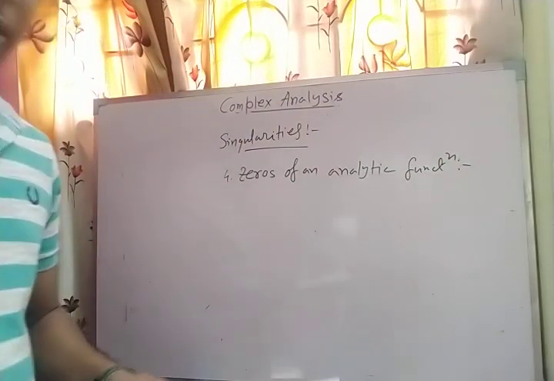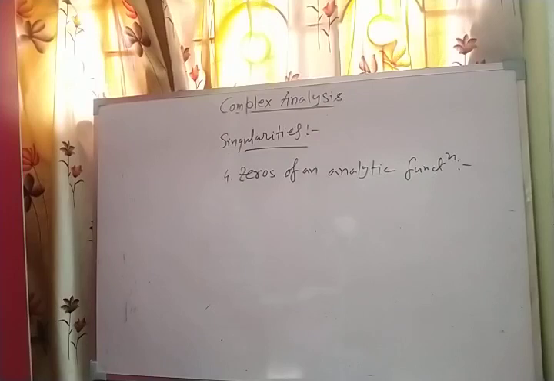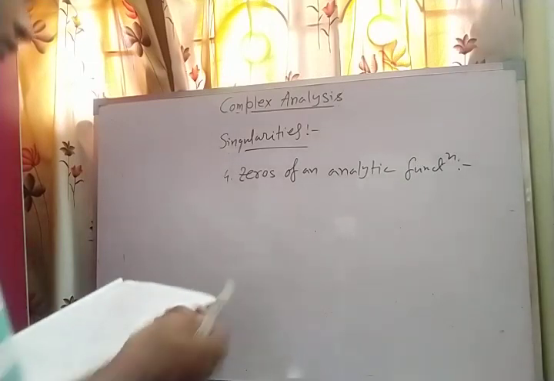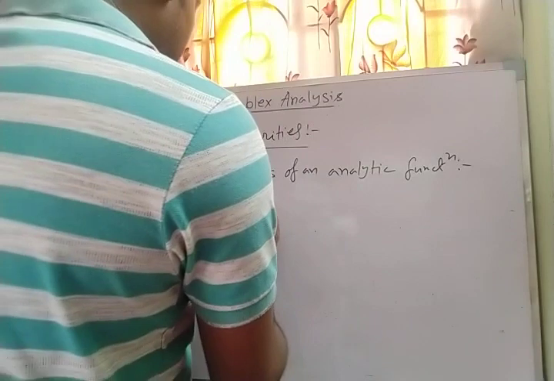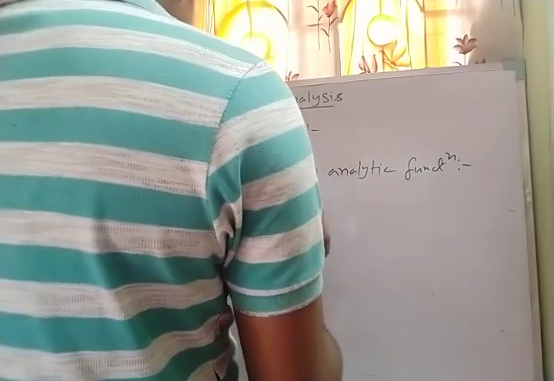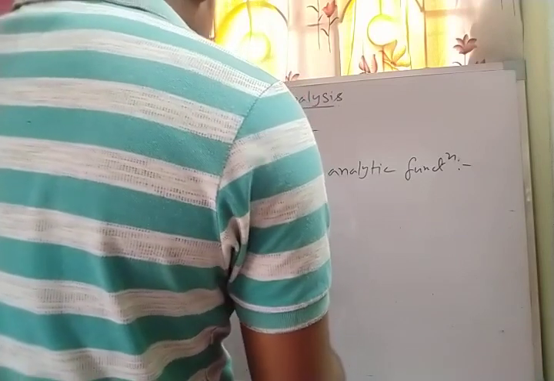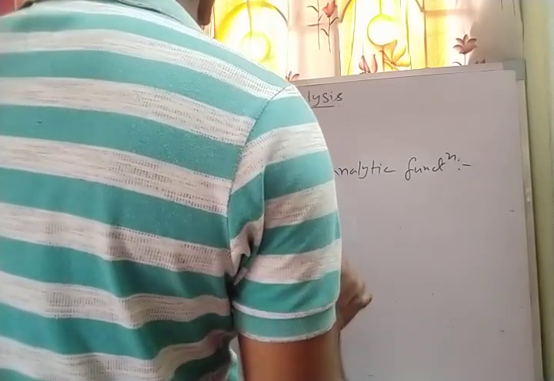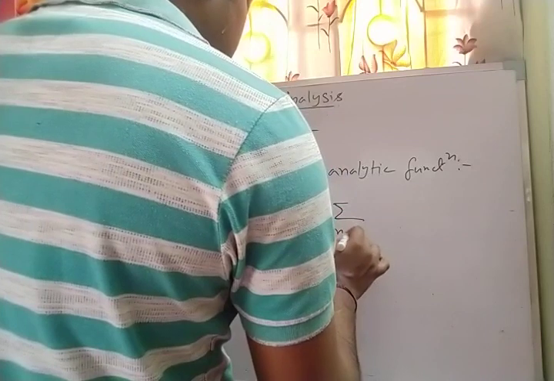So if a function f of z is analytic at z equals z naught, then in a neighborhood of z0 the function can be expanded in Taylor series. We can easily say that if a function f of z is analytic at z equals z0 inside a region, then it can be expanded in Taylor series like this.